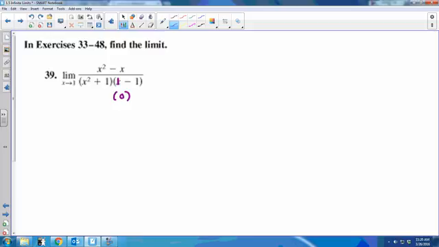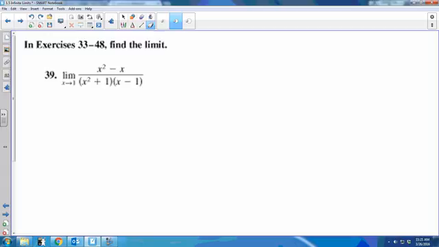But I think I can simplify it. If you can simplify the function, then you should, and then try direct substitution again. If you can simplify the function and get rid of the removable discontinuity, then you don't have vertical asymptotes, because you don't have non-removable discontinuities.